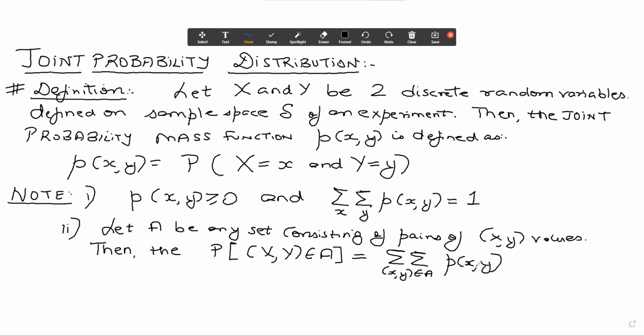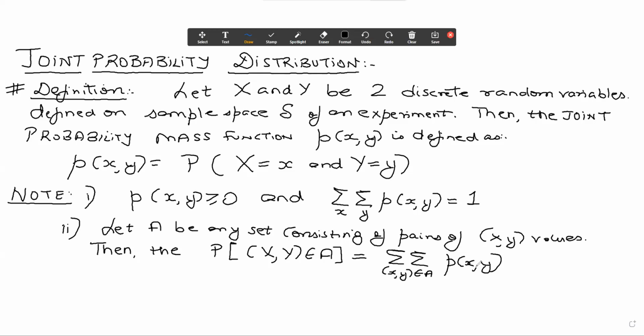When we actually do numericals, you will be able to understand it in a better way. Right now, these are just statements. So I hope till here it's crystal clear to everyone. We have just defined the joint probability mass function. P of small x small y is the probability that the random variable capital X takes the value small x and the random variable capital Y takes the value small y.